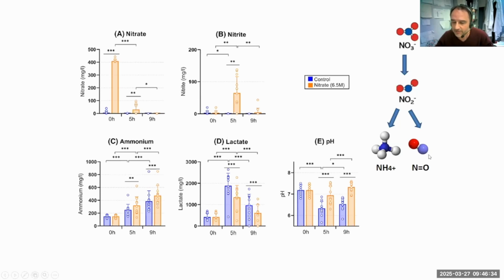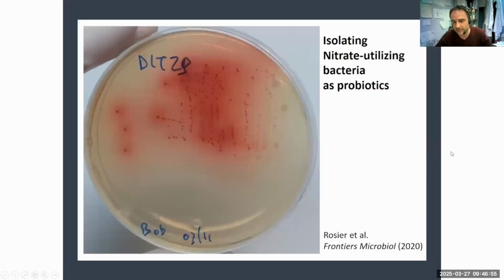And many oral pathogens, especially strict anaerobes, like those involved in halitosis and in gingival inflammation, are very sensitive to nitric oxide. So this means also that by eating vegetables rich in nitrate, we can also prevent halitosis and gum diseases, as we have shown already in vitro and also in clinical studies.